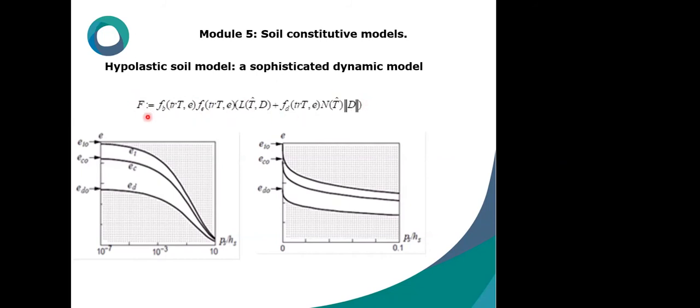It is strain rate dependent, and these diagrams show the logarithmic and linear relation between the parameters p_s, e_i, e_c, e_d, which are pressure, initial void ratio, critical void ratio, and minimum void ratio.